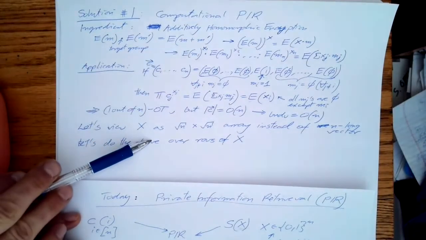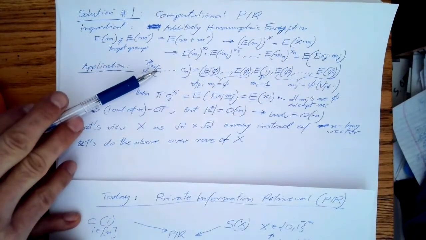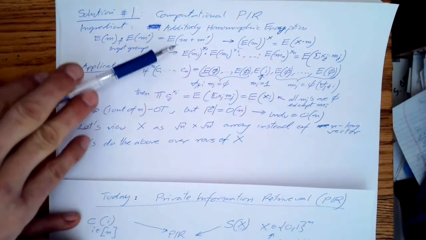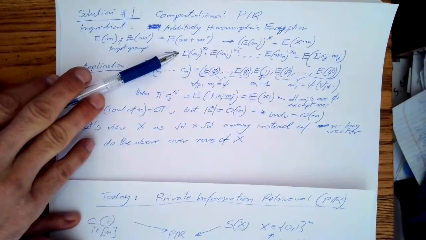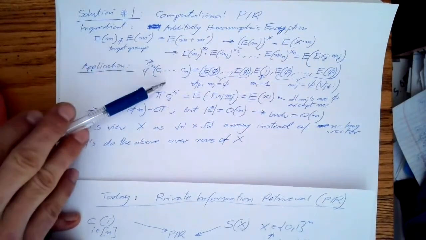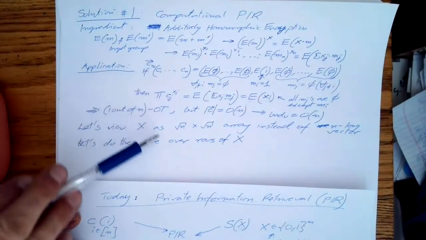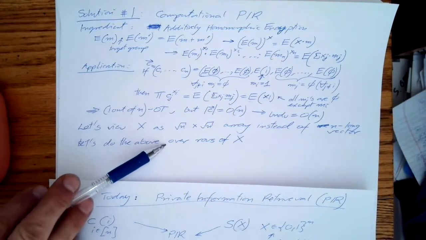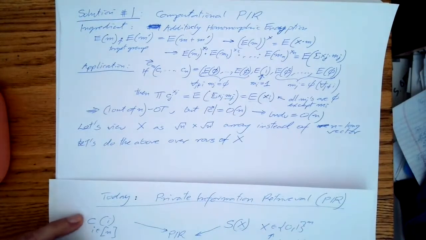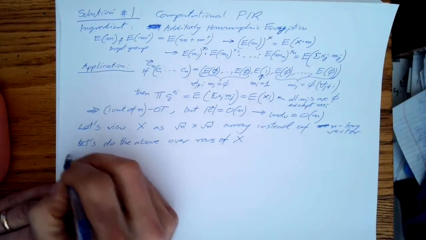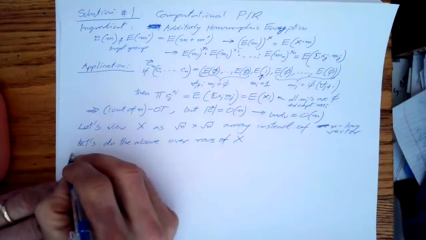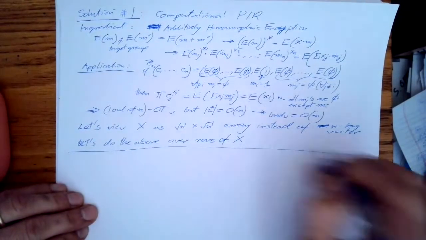In this full solution, the client's ciphertext will be square root of n size, and the server's response will be square root of n. But that's fine, right? We get 2 square roots of n, hence linear in square root of n. So let's see how.